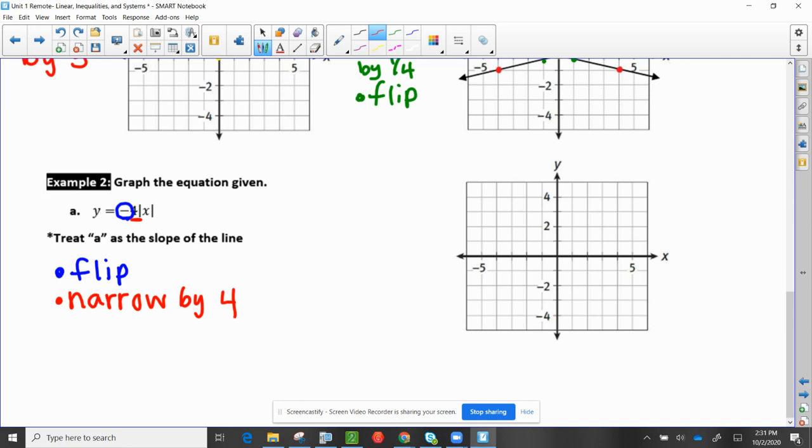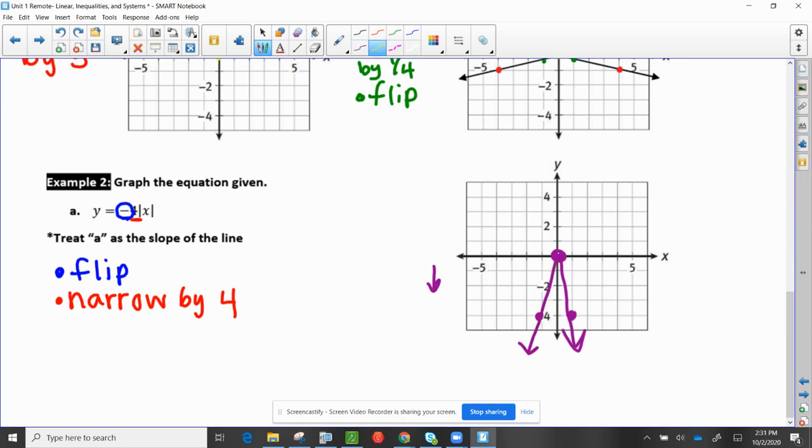So there's no left or right shifts or anything like that, so I don't have to worry about any moving. So I'm still at the origin, but I'm going to flip the graph, meaning it's going to open down. And I'm also going to make it narrow or skinnier. So I'm going to multiply my next point by going up 4 on each side, like this.